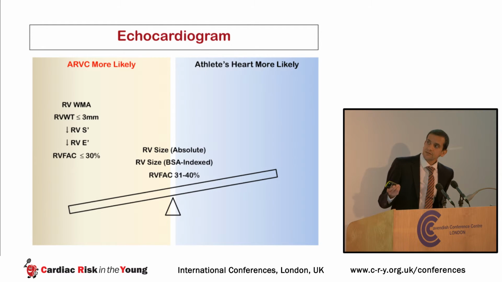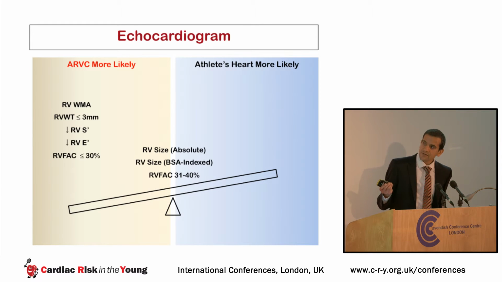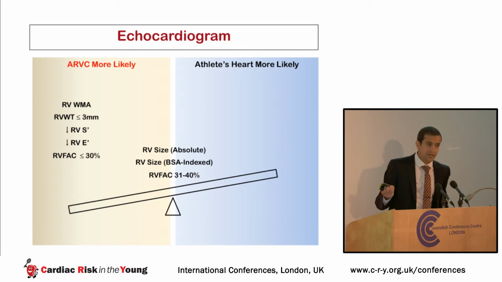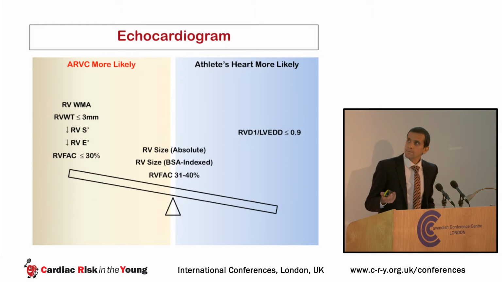However, we didn't see right ventricular wall motion abnormalities in healthy athletes. Thinning of the RV free wall was suggestive of pathology. Tissue Doppler, once again, is a very sensitive indicator of subtle, sometimes subclinical right ventricular pathology. And marked reduction in the right ventricular function was very suggestive of ARVC.